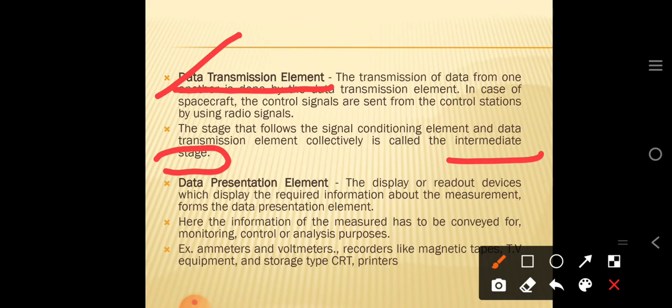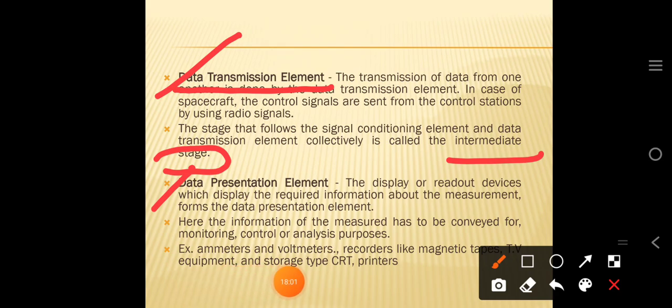The next one is the data presentation element. This is the last block of the block diagram. The display or readout devices which display the required information about the measurement form the data presentation element. Here the information of the measured quantity has to be conveyed for monitoring, control or analysis purposes.